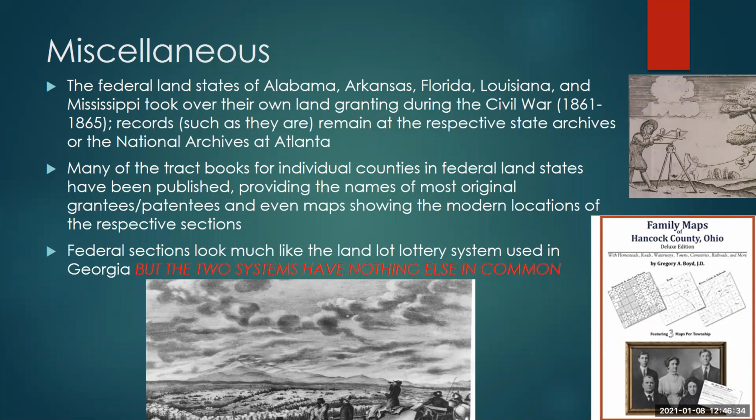We have more at the Mobile Public Library that were copied from the archives of France and Spain. Some of Florida's Spanish land granting records are at the Florida State Archives in Tallahassee. Some of them are at the University of Florida in Gainesville, and some of them are in Cuba, believe it or not.